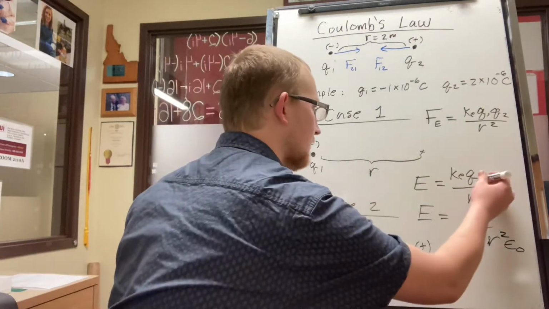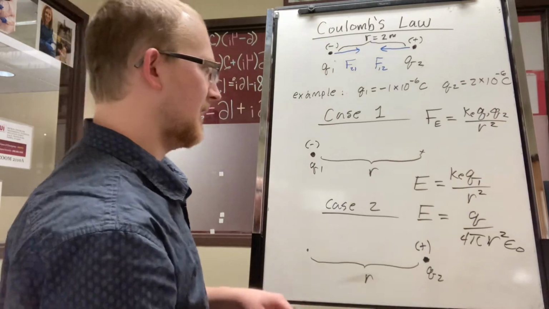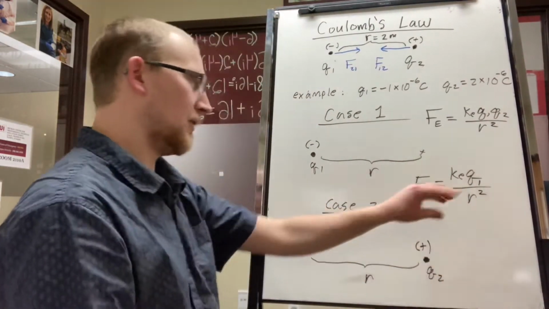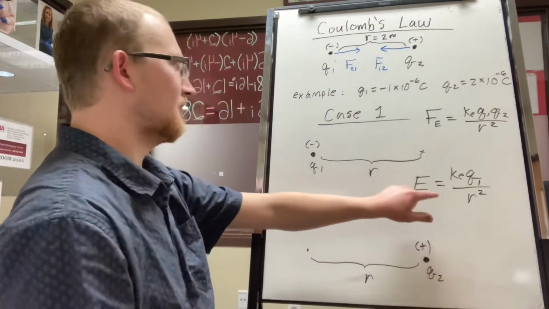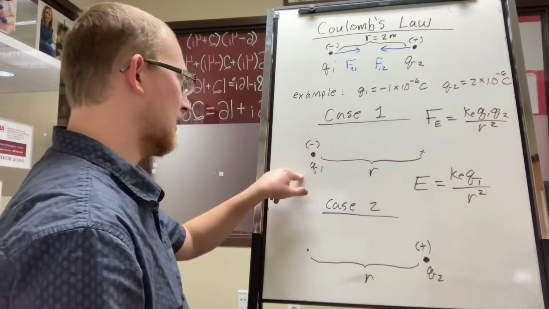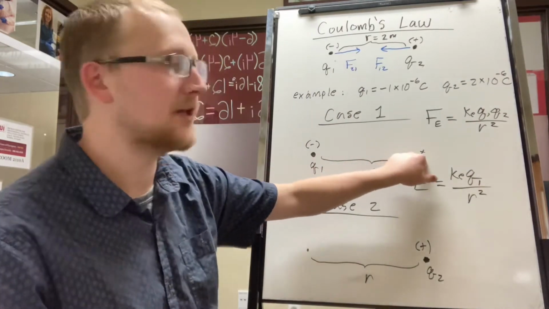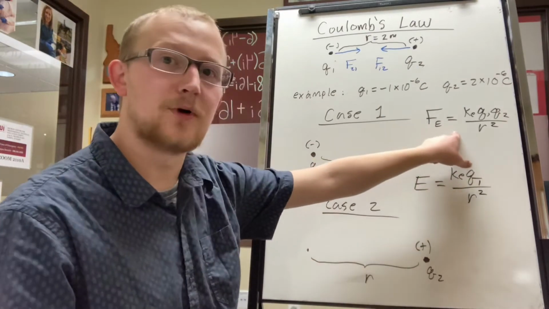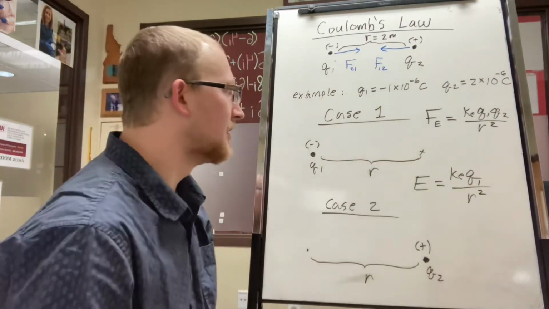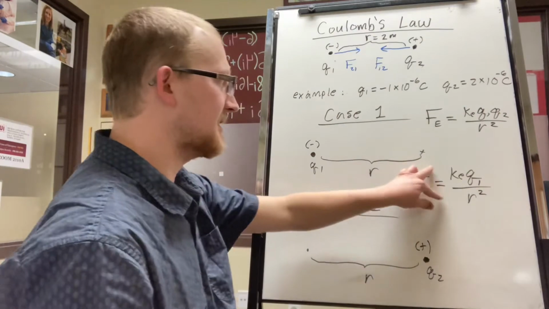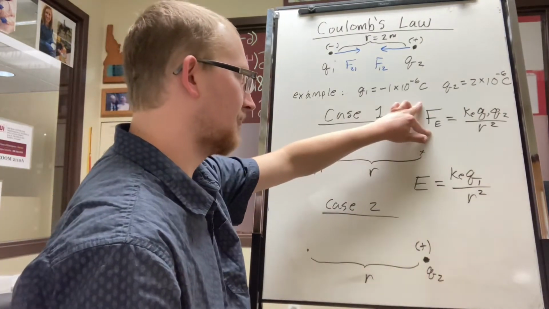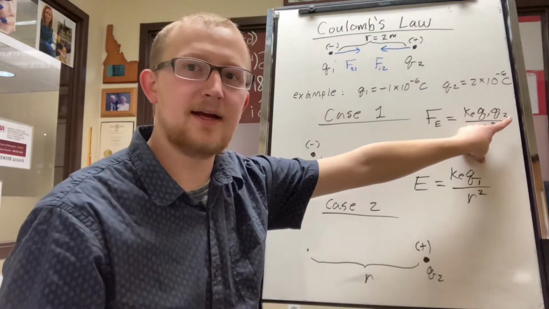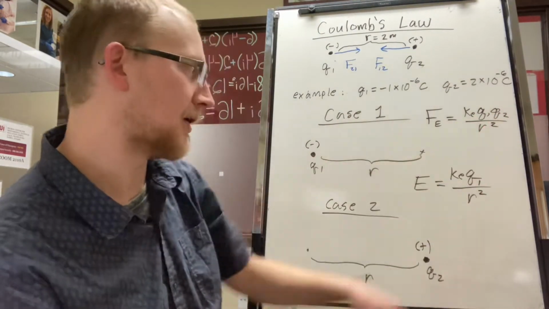All right, so now for case 2, well actually let's take a look at this. So this is Q1. And if you'll remember, let's write it this way. A couple less constants there. So if you look at the electric field caused by Q1 at the point where Q2 is, you'll notice that it looks very similar to the Coulomb force between Q1 and Q2. And you'd be right. As a matter of fact, it looks like the only difference is that the electric force between the two includes multiplying by a factor of the charge of the second particle.